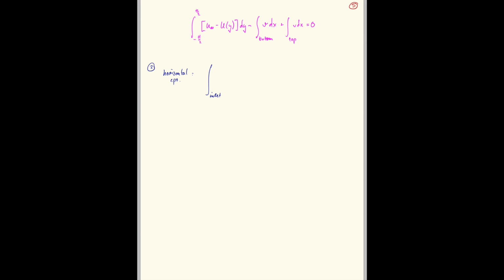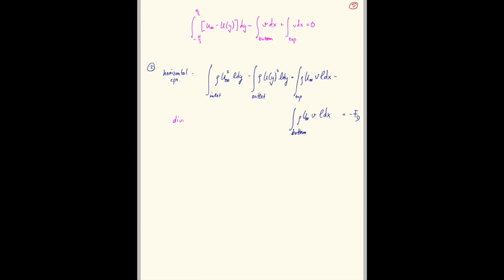The inlet now is rho u infinity squared L dy, minus the outlet, which is rho u of y squared L dy, plus the contribution through the top, which is rho u infinity vL dx, minus rho u infinity vL dx integrated over the bottom. And that has to be equal to minus Fd.